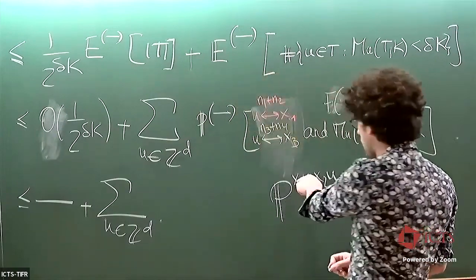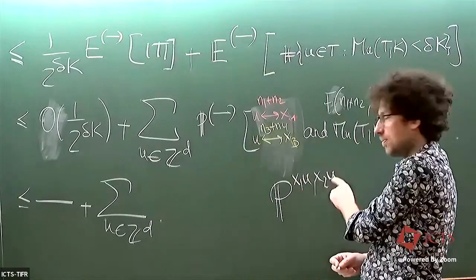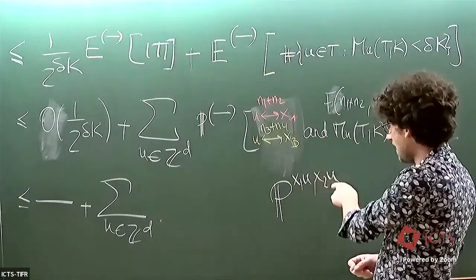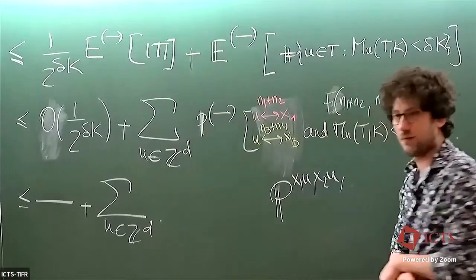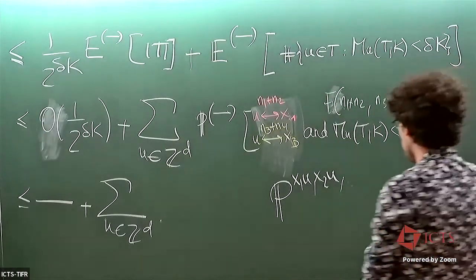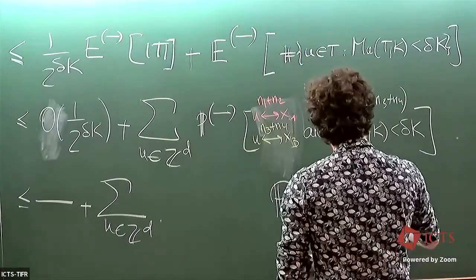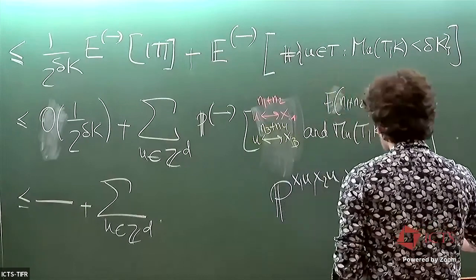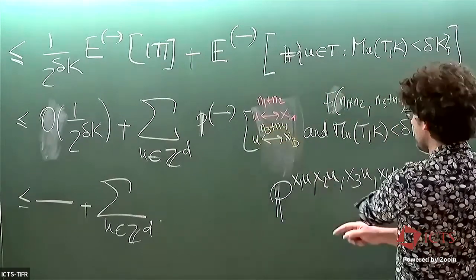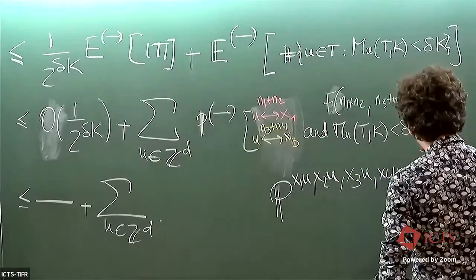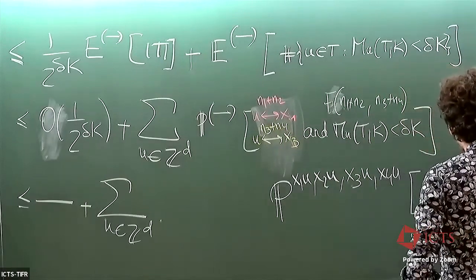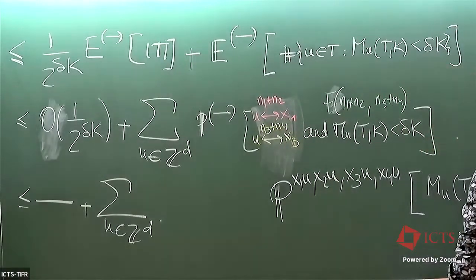So you see, before I had x1, x2 and empty set, but because I switch the sources, I get these sources. These are for the two first currents. For the two last currents, I get x3u, x4u. And this switching allows me to remove this, and I just get mu tk smaller than delta k.